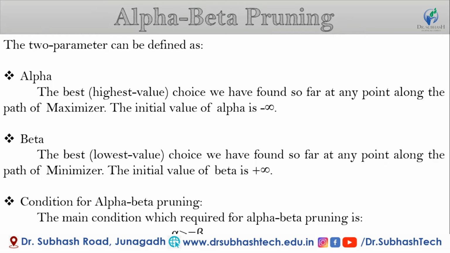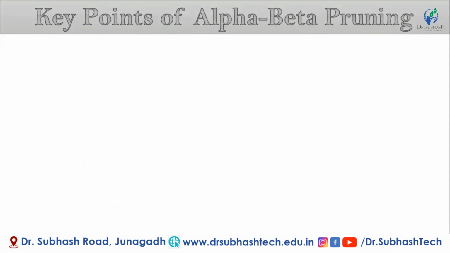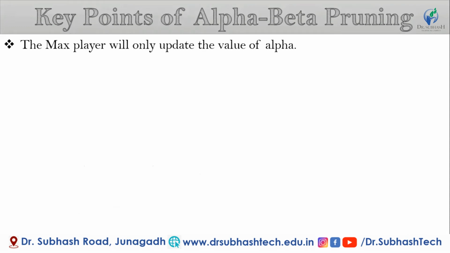Now we have seen the key points about alpha beta pruning. The first is that the max player will only update the value of alpha. The max player is the only one which can change the value of alpha.